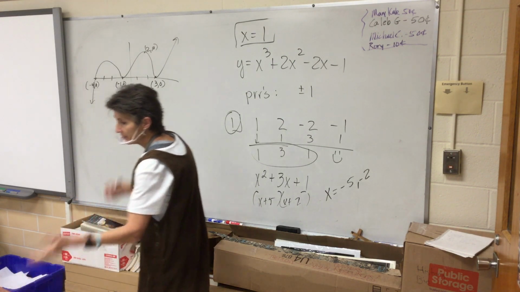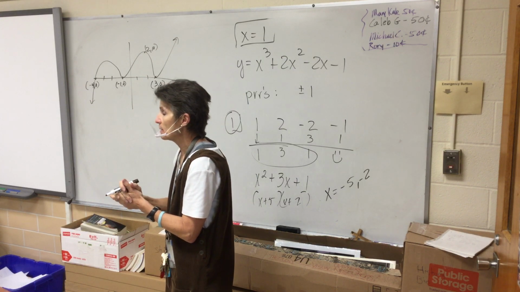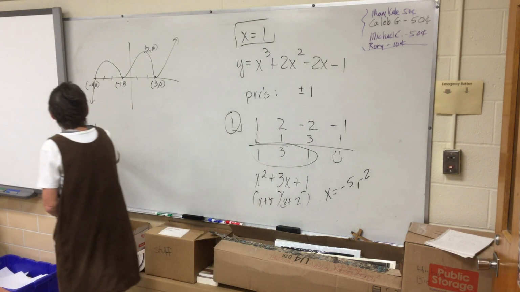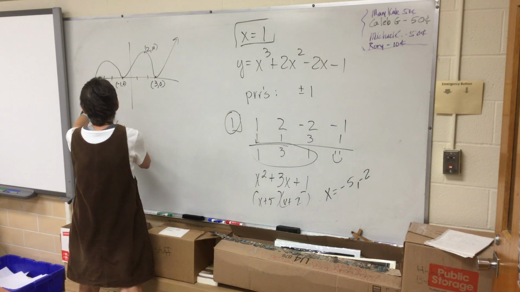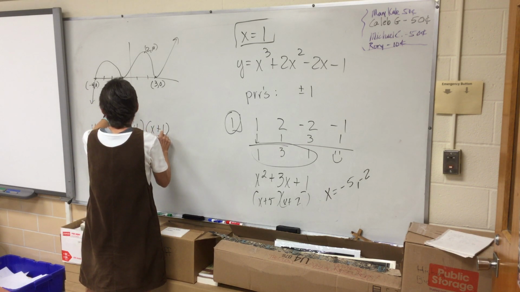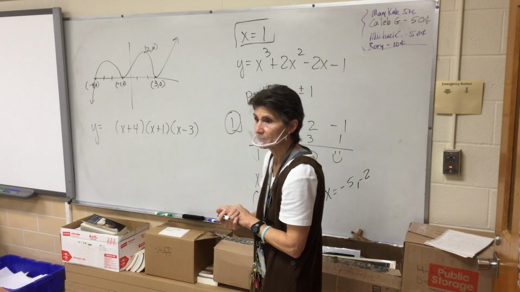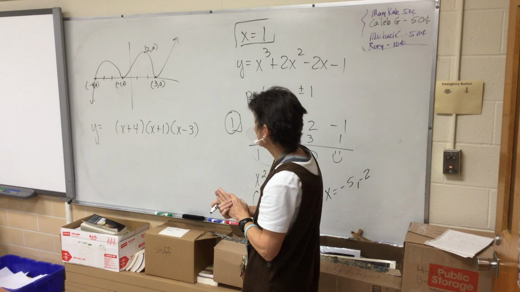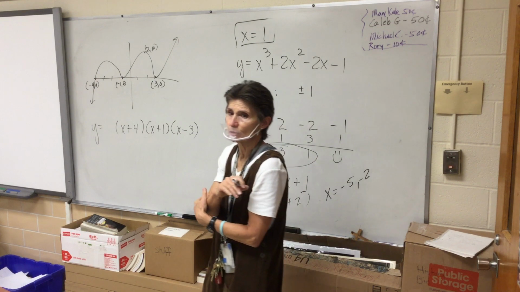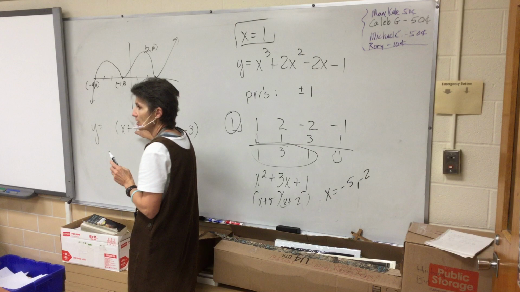All right, so tell me, how do we start? Look at the points, because the points are going to give you your parentheses. So we're going to start with the parentheses that will be x plus 4, x plus 1, and x minus 3. Does that make sense to everybody? Now the next thing I have to look at is, are there going to be any exponents on here?